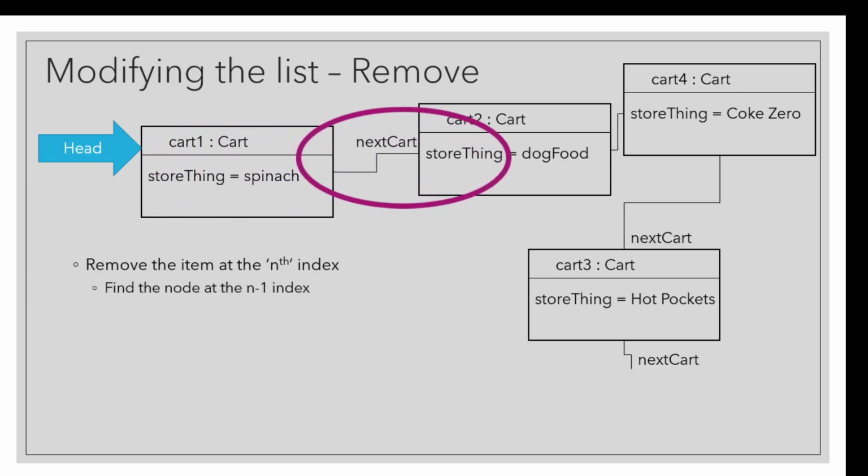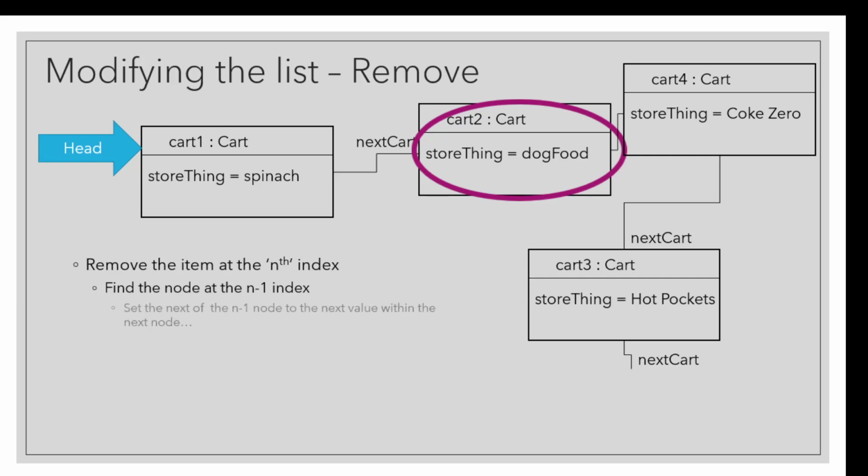But again, I've got to find the node n minus 1. If it's the first one, the node n minus 1 is the head. If it's the 0th one, I'm removing the front of the list, then the head is what gets changed right there. But once I find n minus 1, I can set, in this case, cart number 2's next cart to be equal to cart number 4's next cart.